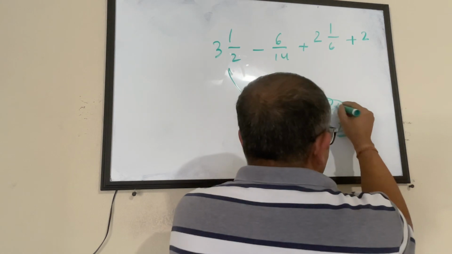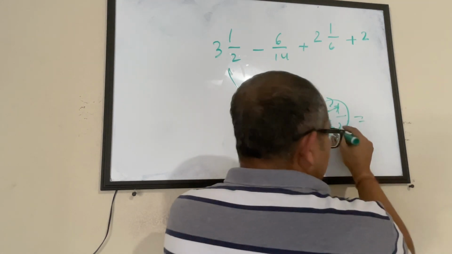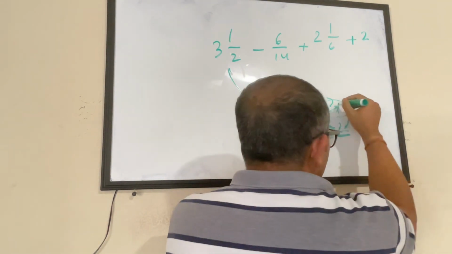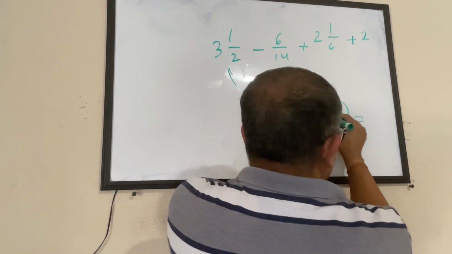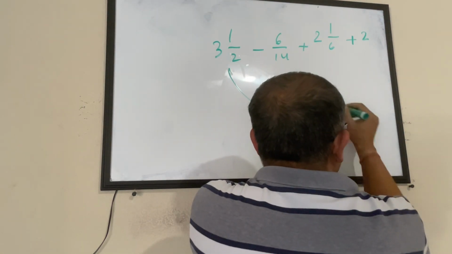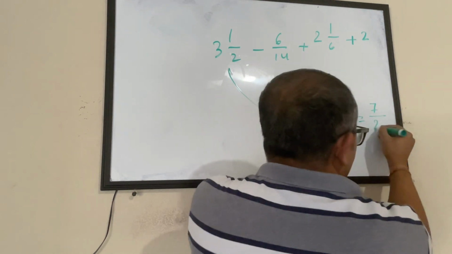And then you add. So, multiply, add, divide. That's how it works. Start from here, multiply, then add, then divide. Meaning 2 threes are 6 plus 1, 7. And divide by whatever you have here.